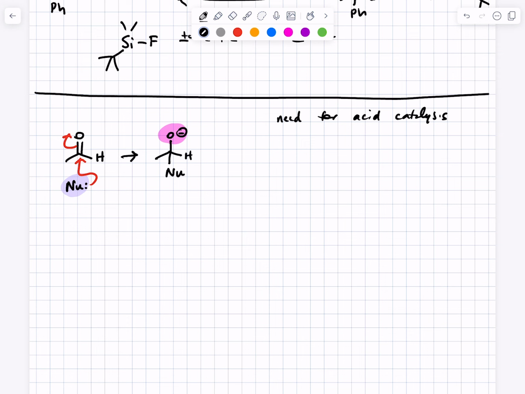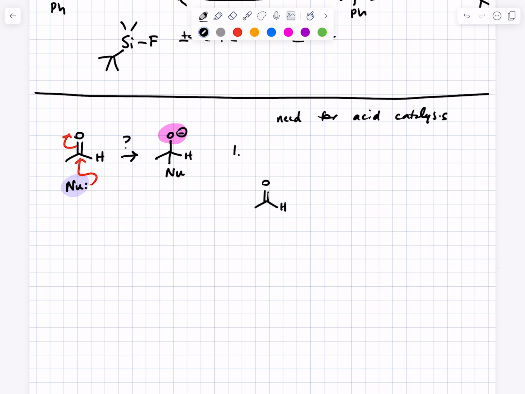And what do I mean by acid catalysis? Well, you might envision one option. Supposing you had a nucleophile and you decided that this nucleophile was way less reactive than a negatively charged oxygen. So you predicted that this step here would not be reasonable.